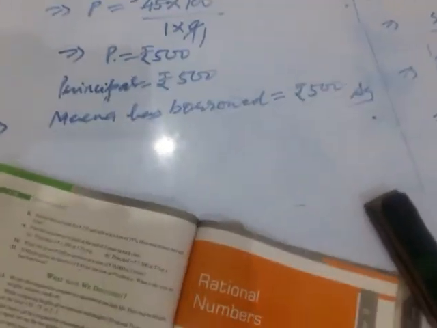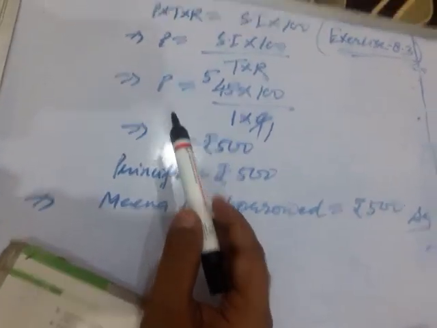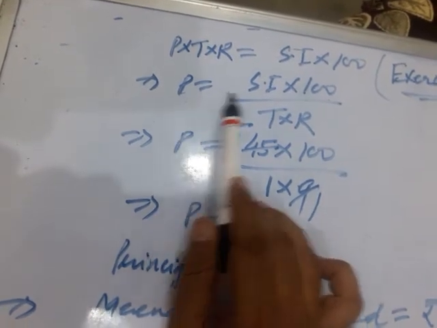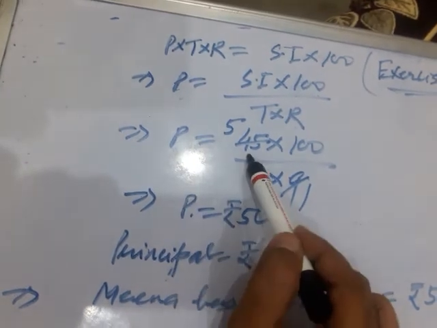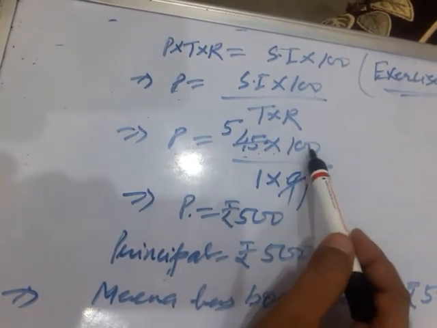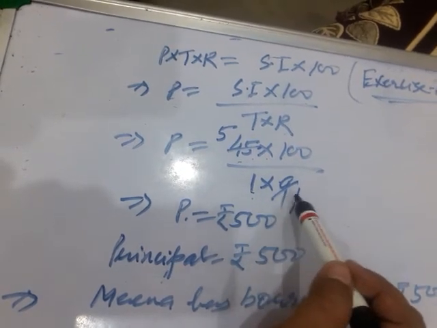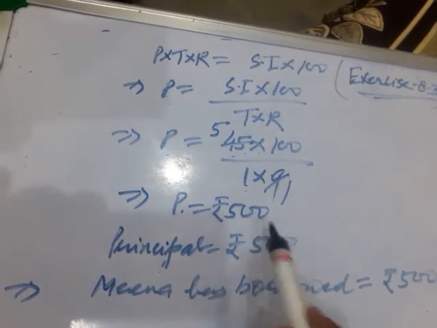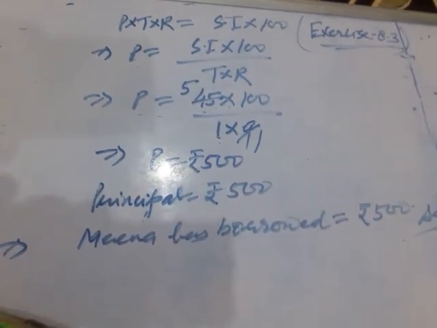So we transpose the formula by cross multiplication, P into T into R, P equals simple interest into 100 upon T into R. Then P equals 45 into 100 upon 1 into 9, because 1 is your time, given in a year. 9 5s are 45, then 100 times 5 is 500. This is the principal.